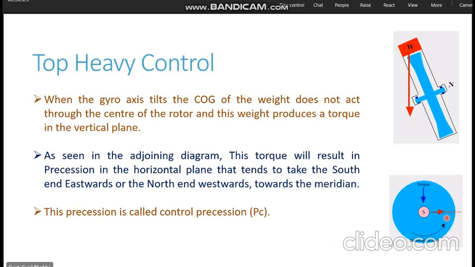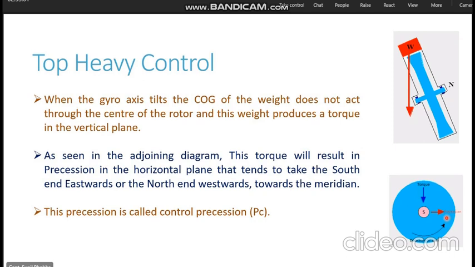The star was trying to go east of the meridian. Now, because of this precession, the north end of the spin axis precesses towards the meridian. So you can see we have now generated a force which opposes the eastward motion of the north end of the spin axis.